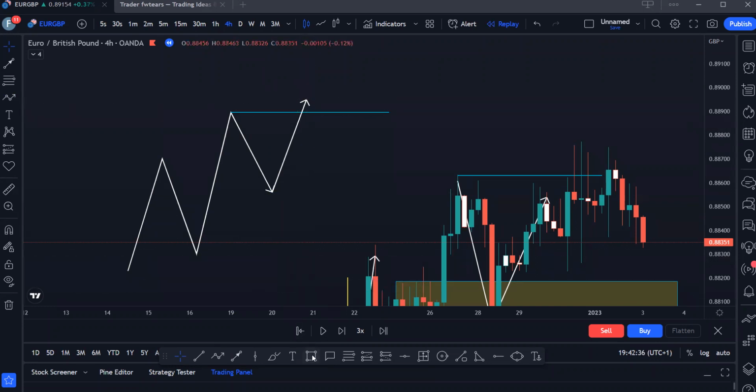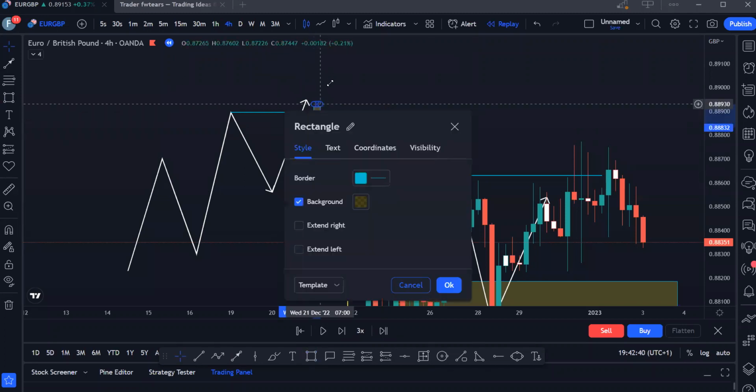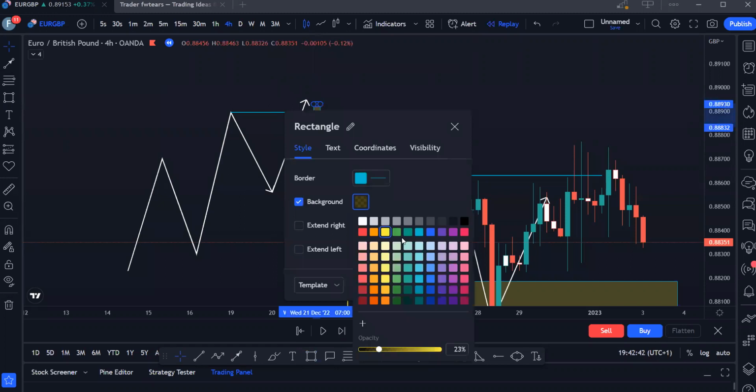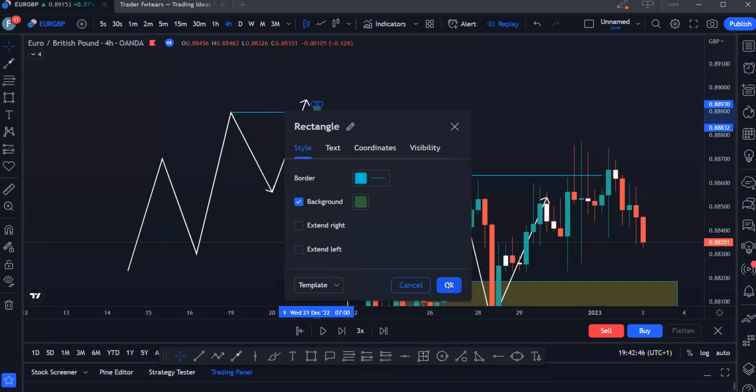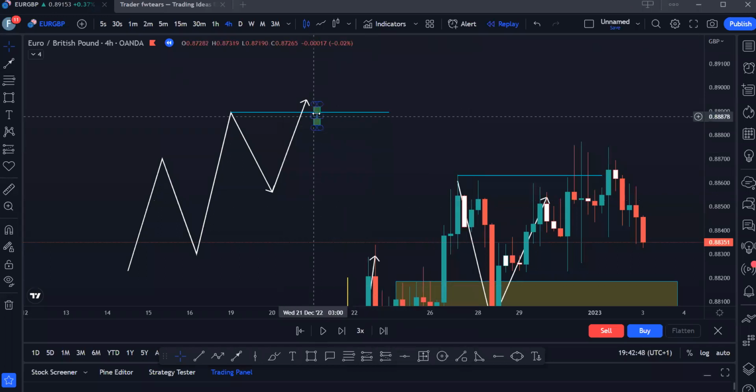So I'm saying something like this. So the body of the candle, this bullish candle, let's make this green, should close above the zone.